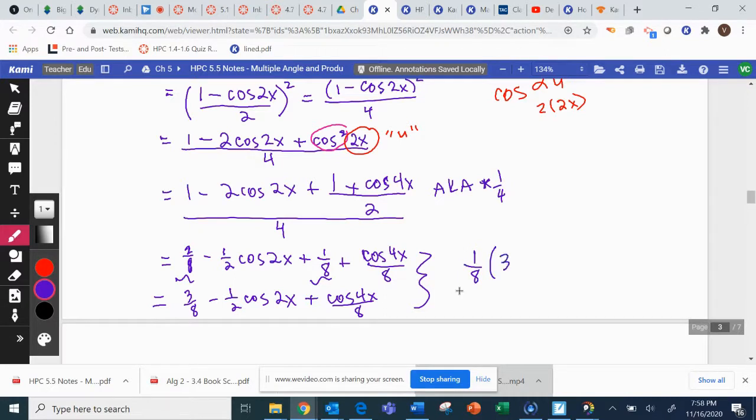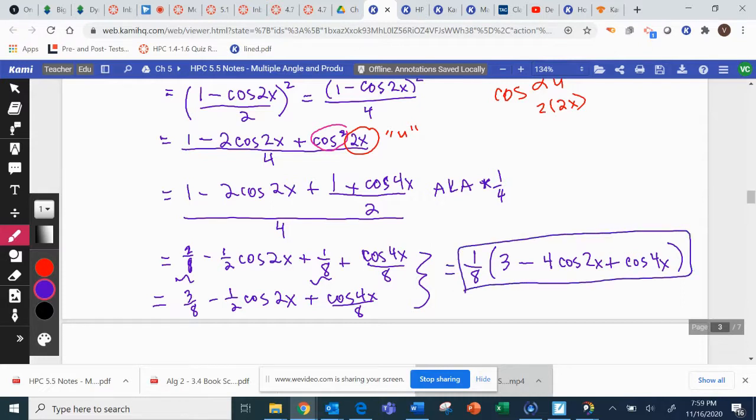So it'll leave me with 3 minus, and if I take out a 1/8, that's the same thing as multiplying by 8, so I've got 4 cosine 2x plus cosine 4x at the end there. So there we've achieved it, all the way down to here. And like I said, at the end I was just messing around with it, making it look a little bit nicer.